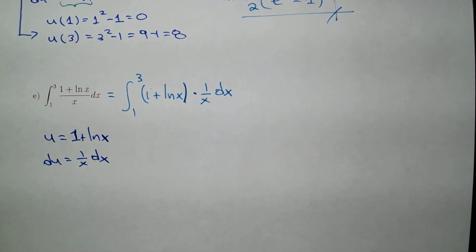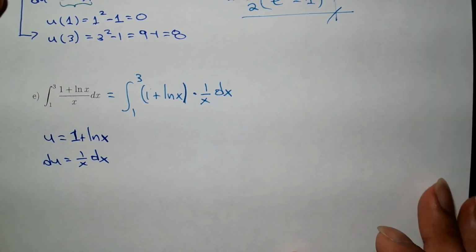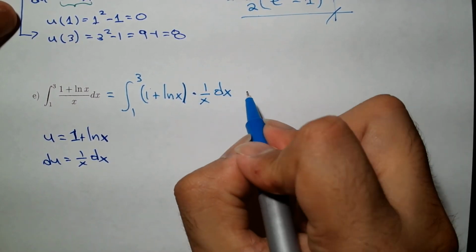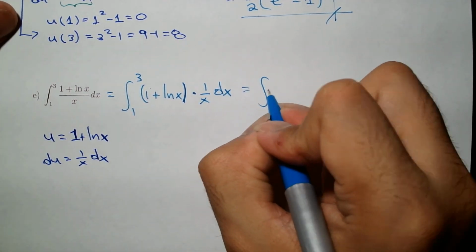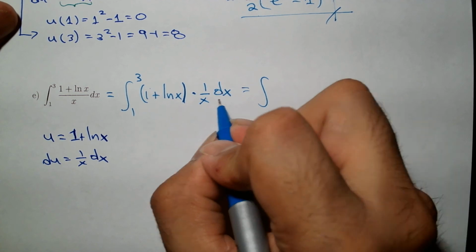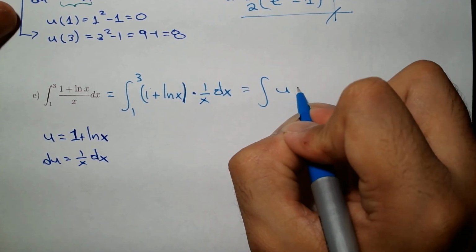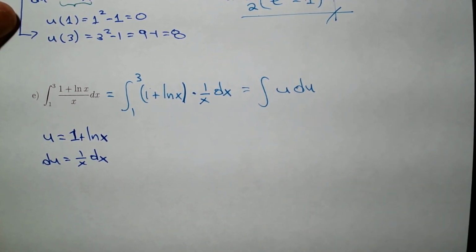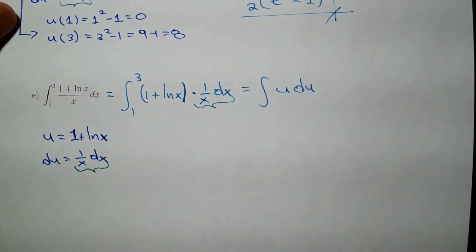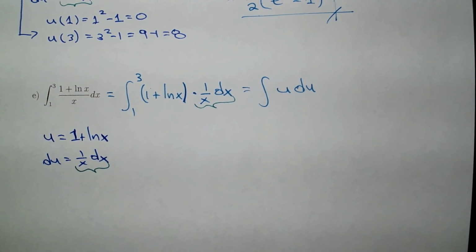Okay, so we are going to rewrite the integral. Don't write anything for the limits yet, because we still need to change them. So this is u du, and in this case we don't need any correction factors, because notice how 1 over x dx is already there.